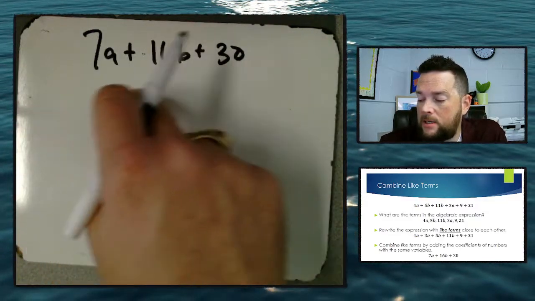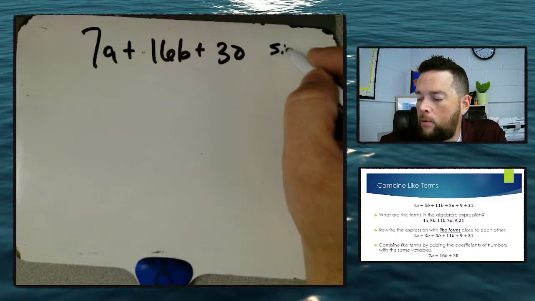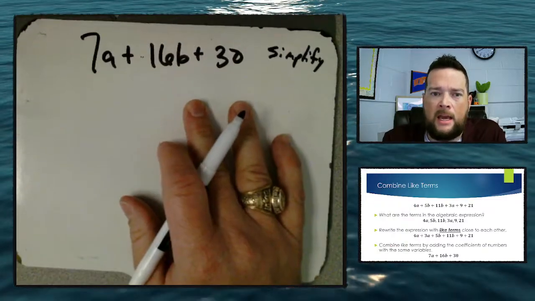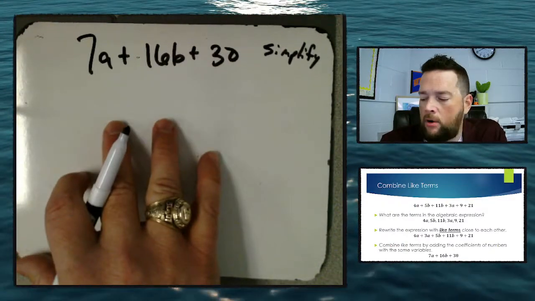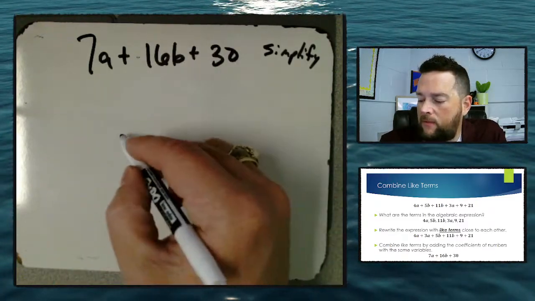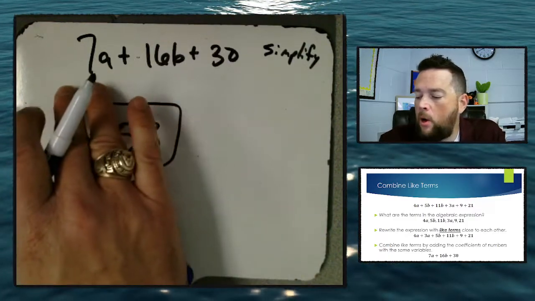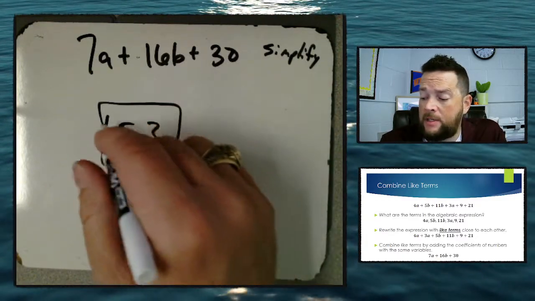They'll say, okay, I'm going to simplify it because the question said simplify the expression, so I'm going to just add them all together. That's what students think, okay? I'm going to do 30 plus 16, that's 46, plus 7, that's 53, and I'll see this answer quite a bit, all right? Once you get to this point, some students will keep on going, and this is wrong, okay?